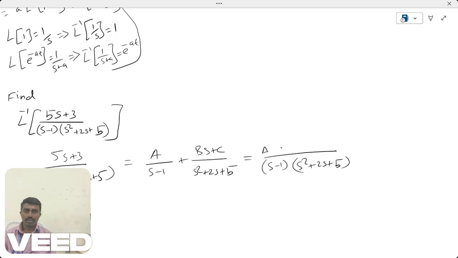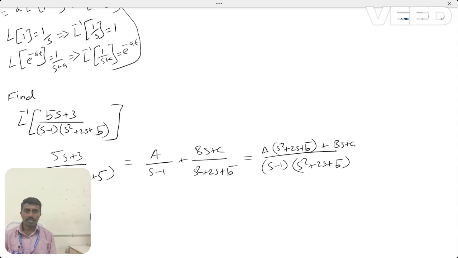Now we equate, then what do you get? A divided by s minus 1 alone is there, but here s minus 1 into s square plus 2s plus 5, so multiply by the factor s square plus 2s plus 5. Plus Bs plus C divided by this factor is there, so this factor is missing. Now multiply that one, s minus 1.